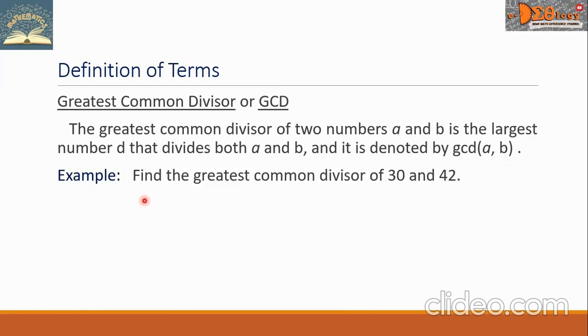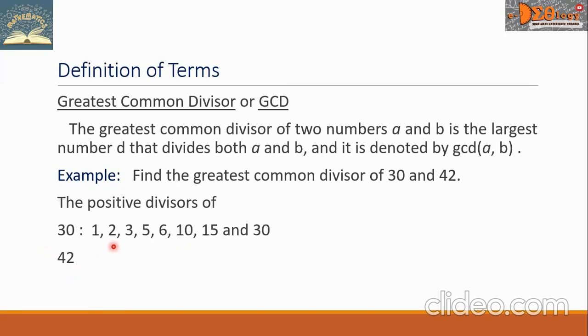Example, find the greatest common divisor of 30 and 42. Let us write the positive divisors of the two numbers. Starting with 30, the divisors are 1, 2, 3, 5, 6, 10, 15, and 30.